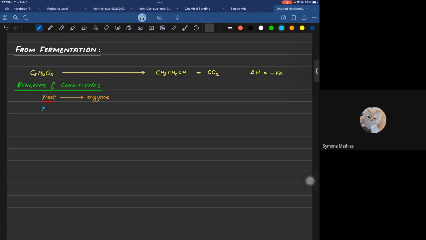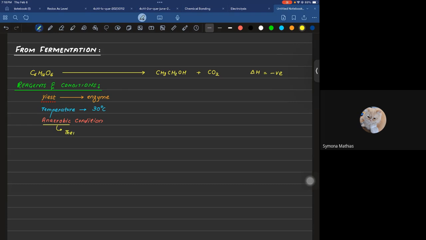The temperature should be 30 degrees Celsius, and there should be anaerobic condition. Anaerobic means that the air should be absent.